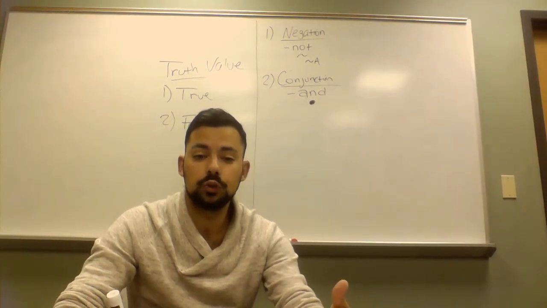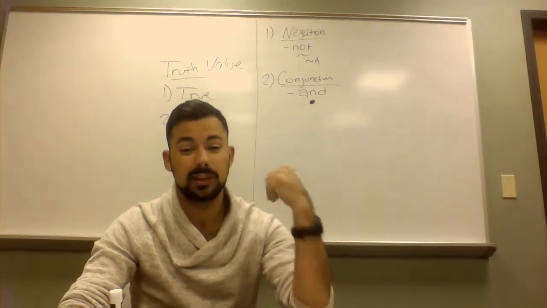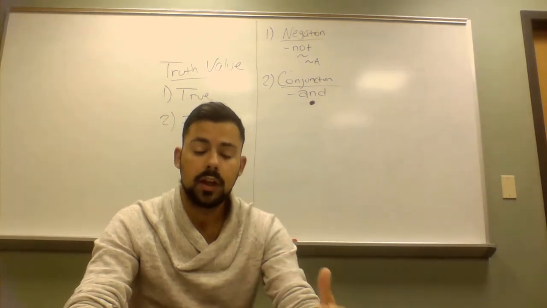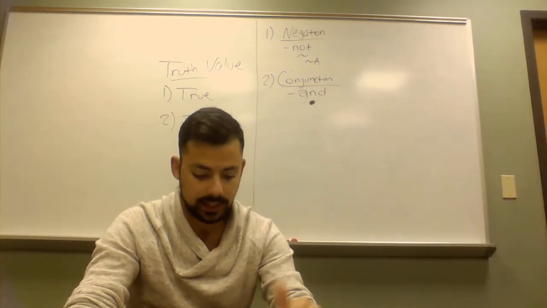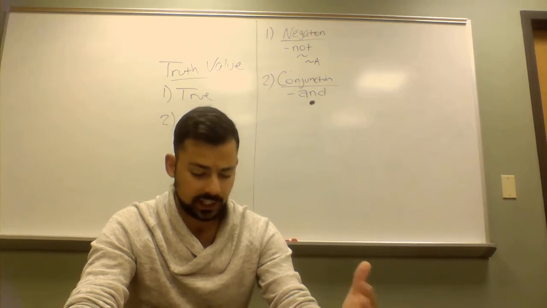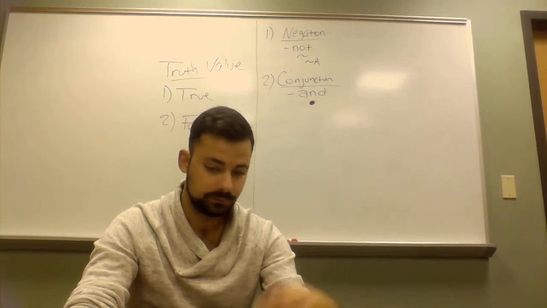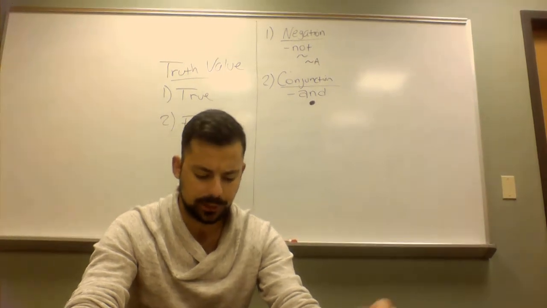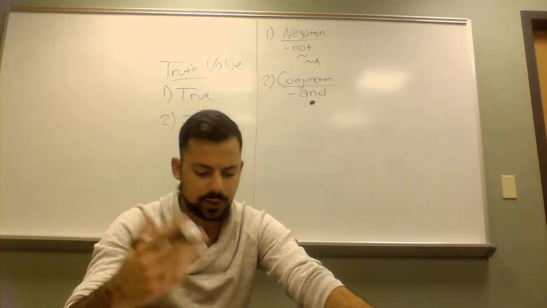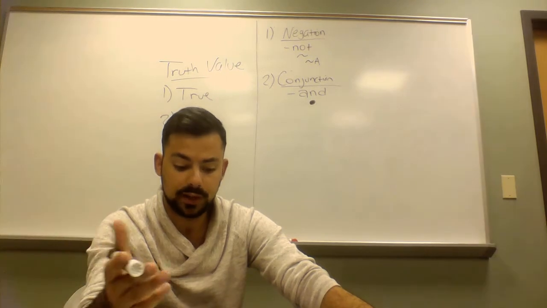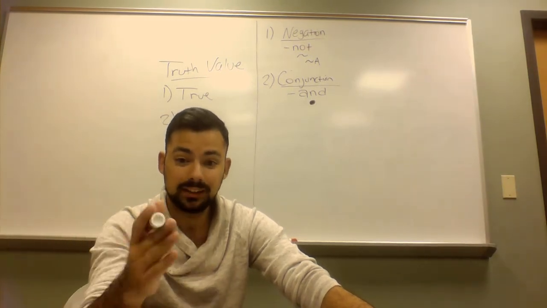Conjunction combines two propositional units. We generally read it as and, but when you're translating, it can be indicated by words like and, but, although, however, as well as, also, etc.